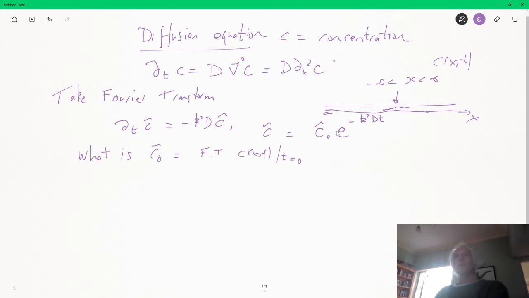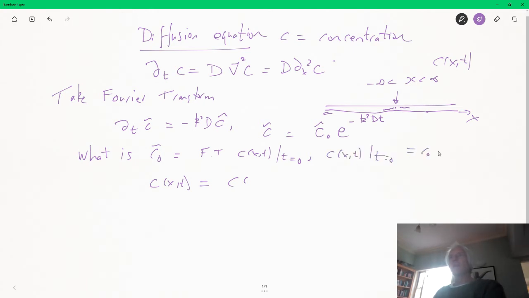So we know that c is the inverse Fourier transform. Let me write it out explicitly. C of x comma t is the inverse Fourier transform of this expression here, and the inverse Fourier transform of two expressions multiplied is the convolution. So it's the convolution of c of x comma t at t equals 0, the initial condition.